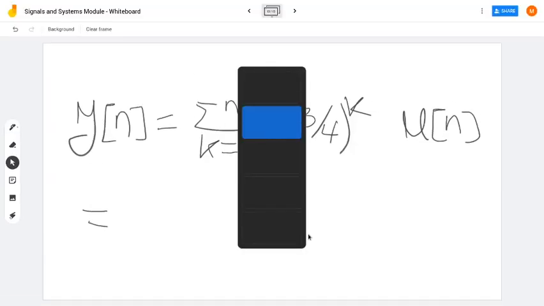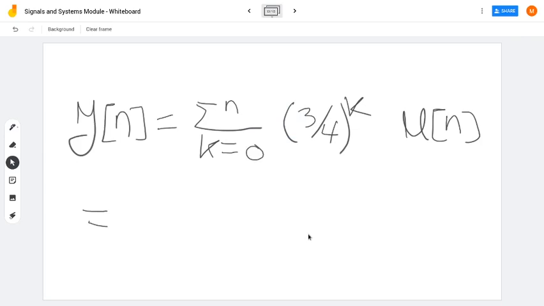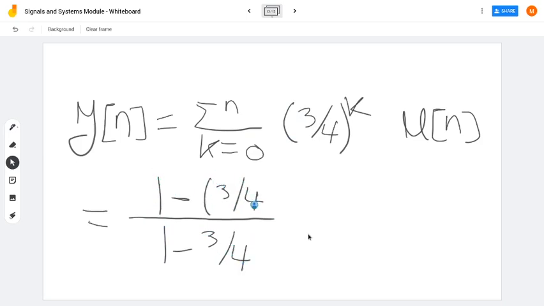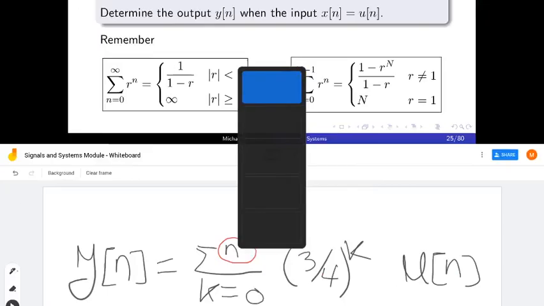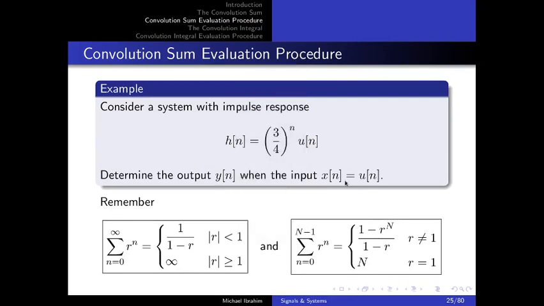So this summation would be 1 minus 3 over 4, and here 1 minus 3 over 4, and then we'll take this n and add 1, so n plus 1, and this would be the output from this system, which is basically the step response because the input is a unit step.